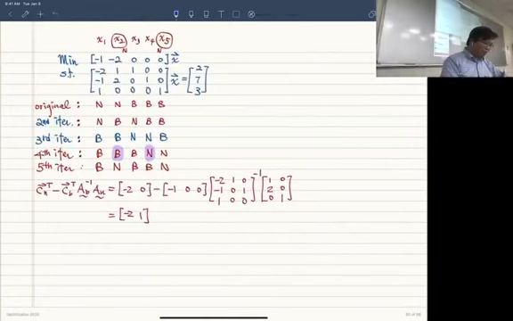Why 3 times? So initially, when we say the first two are non-basic, that means the first two are 0. So actually, at the beginning, we start from x1 and x2 equals to 0.